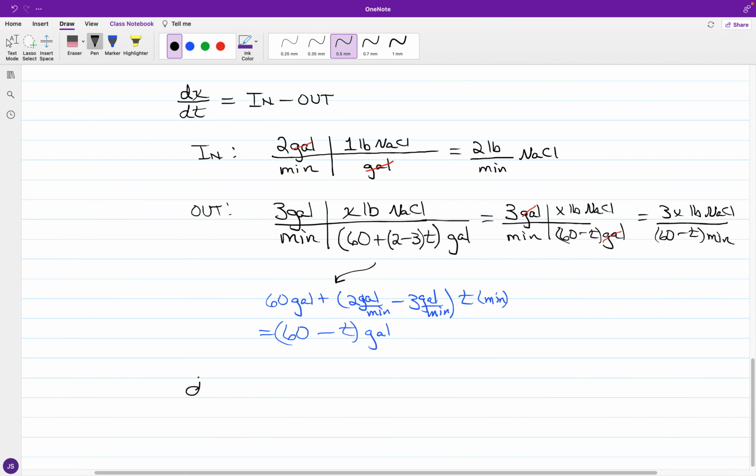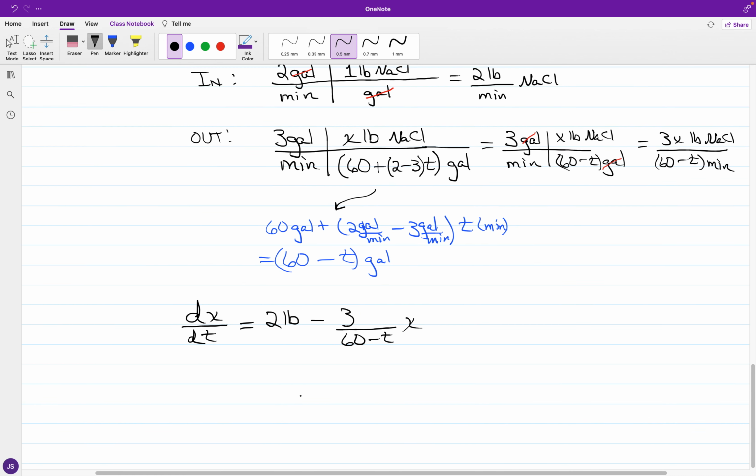So, and what we have here, so you have dx over dt. You have 2 pounds per minute of salt. And we have minus 3 all over 60 minus T times X. Here we have a first order linear differential equation.